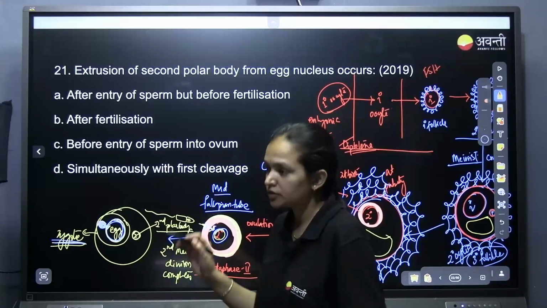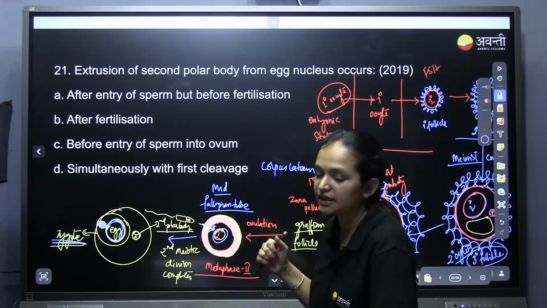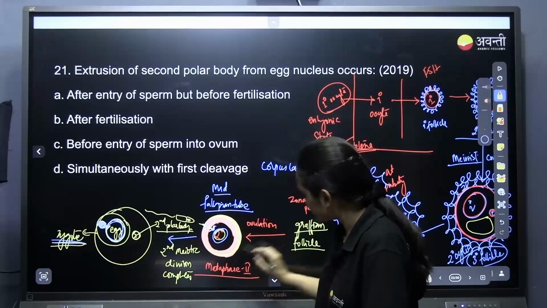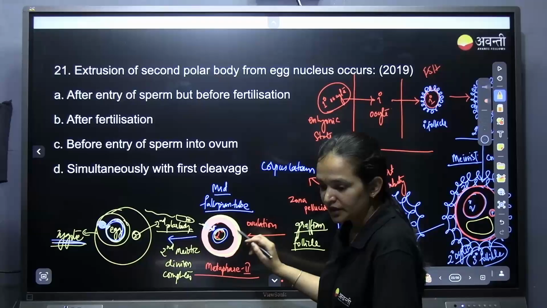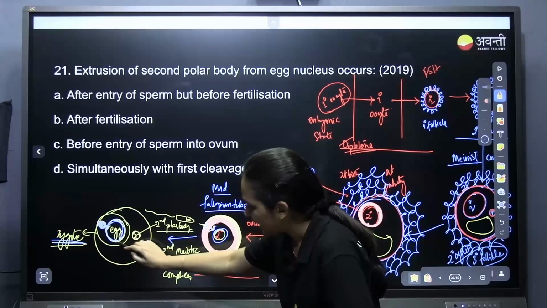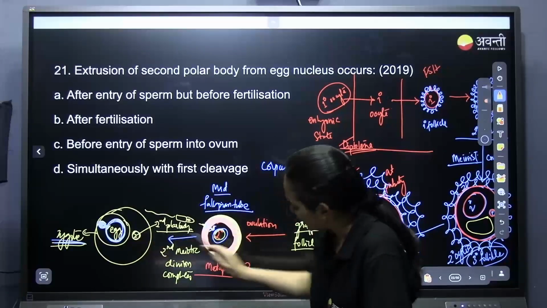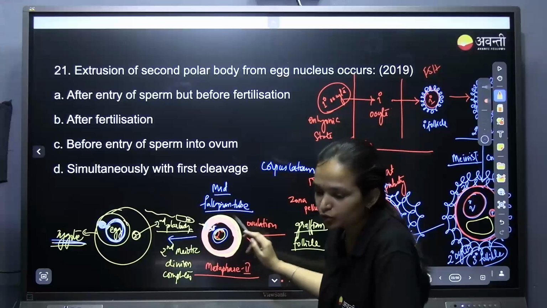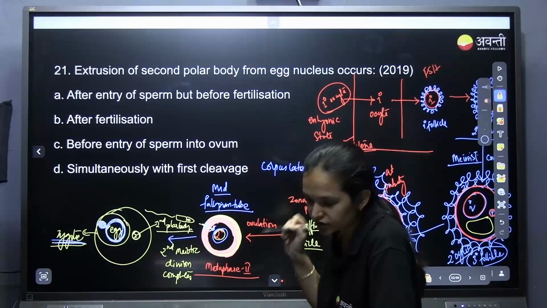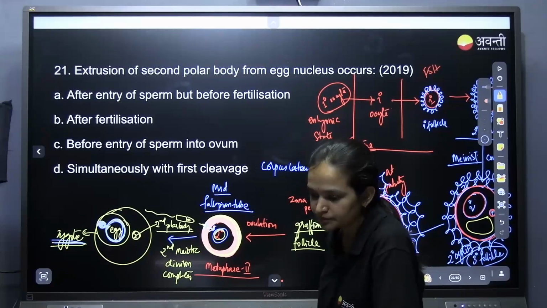In some textbooks, like the old NCERT, after ovulation you can see written ovum, but it is still not ovum. After completion of the second meiotic division only it becomes ovum. This is still the secondary oocyte. So just make a change in your textbook and write secondary oocyte there, not ovum.